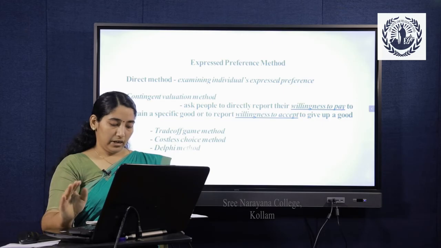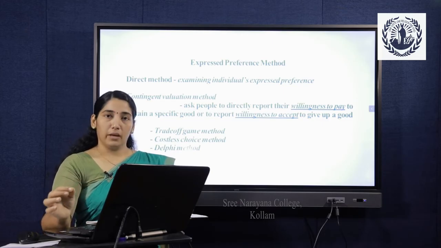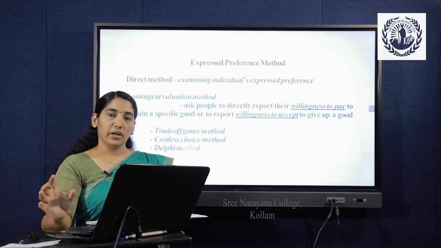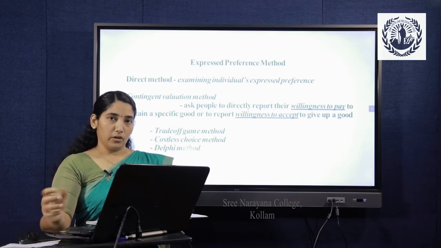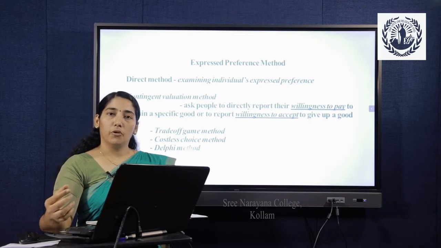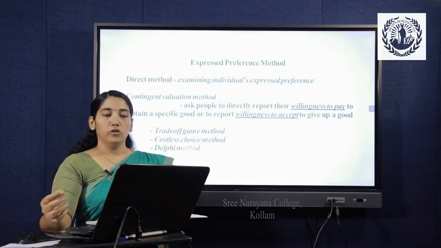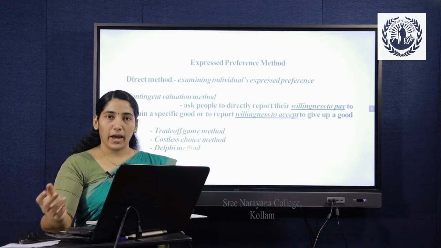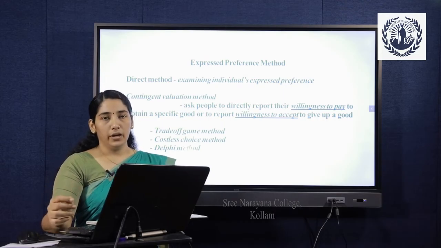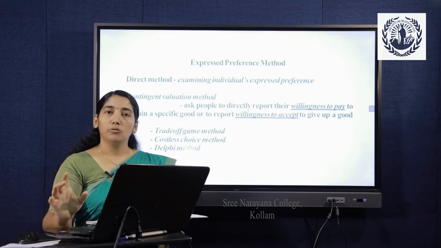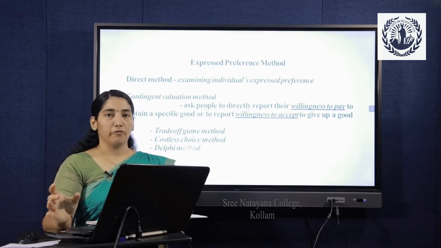The contingent valuation method is a method of estimating the value that a person places on an environmental good. So here in the contingent valuation method, people are asked to directly report their willingness to pay to obtain a specific good, or to report their willingness to accept to give up a good. The name contingent valuation is derived from how these surveys are framed.